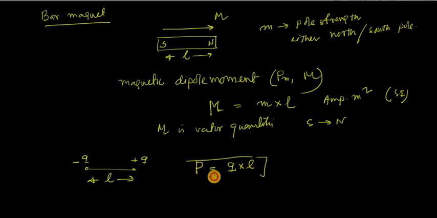This electric dipole moment is also a vector quantity, directed from minus Q to plus Q. The same thing: S pole is equivalent to negative charge and N pole is equivalent to positive charge, and that's why the magnetic dipole moment is directed from S to N.